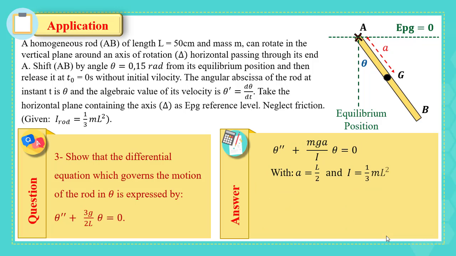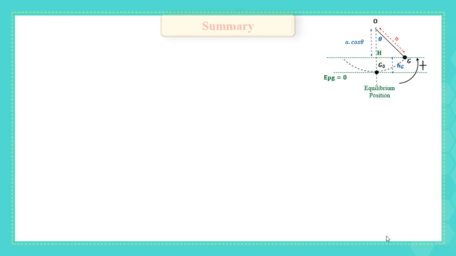It is theta double prime plus mga over I theta equals 0. With a given equals L over 2 because this rod is homogeneous, and I equals 1 over 3 mL squared, replace them with the above expression. So what do we have? Good. So it is shown.